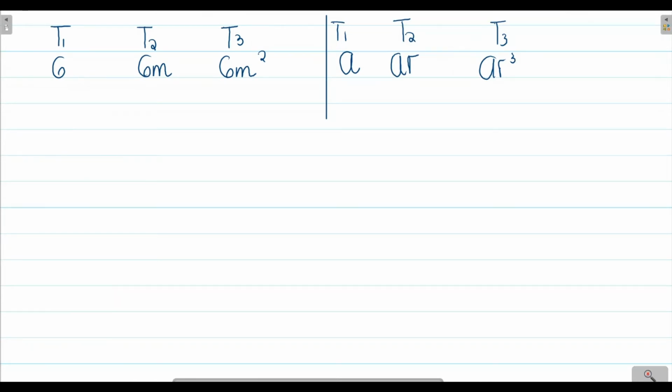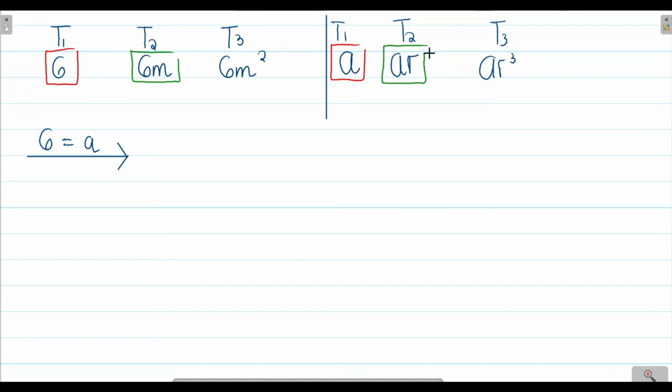When you equate this T1 with this T1, you'll find that 6 is equal to a. So a is equal to 6. We found the value of a. Then if you equate the T2 with the other T2, it's going to be 6m is equal to ar.